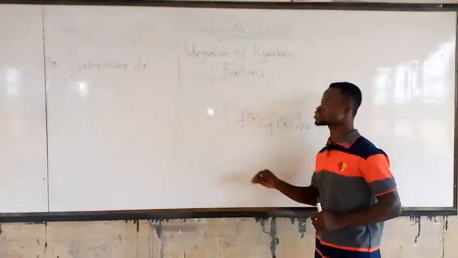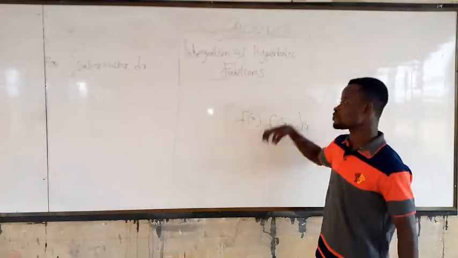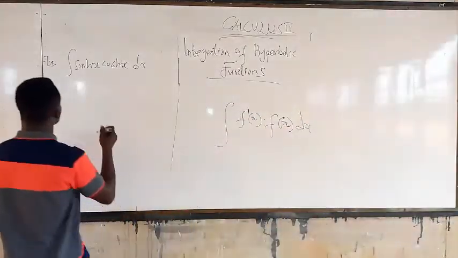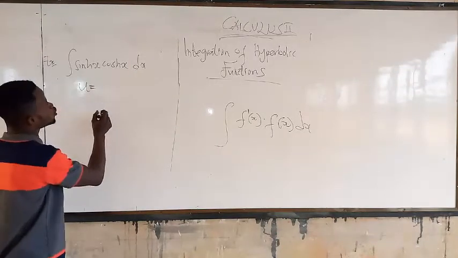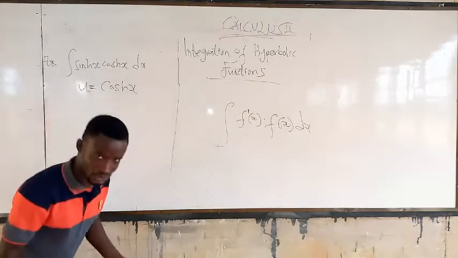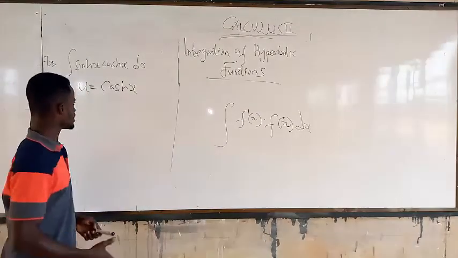And for that matter, in this integral function, we have a function and its derivative. Very good. So you can choose to set u to be either cosh or sinh. We all end up getting the same answer.